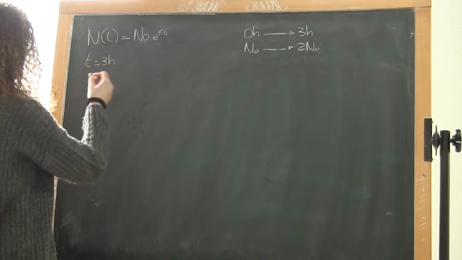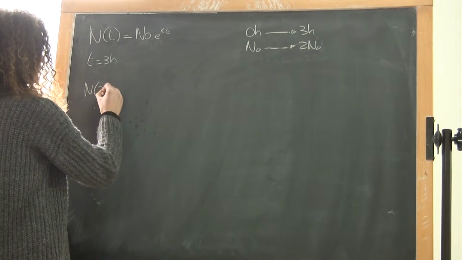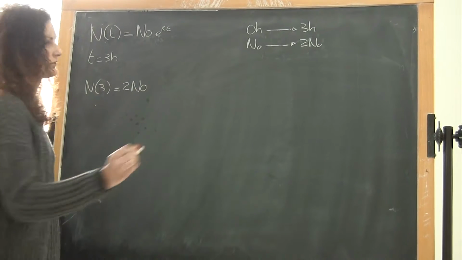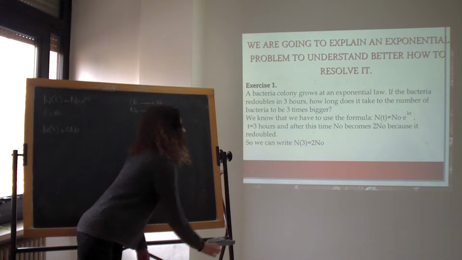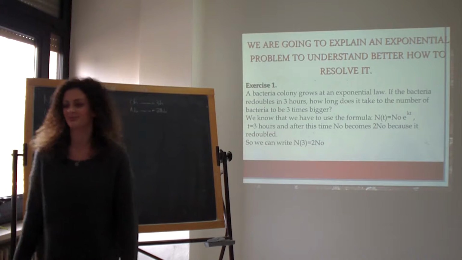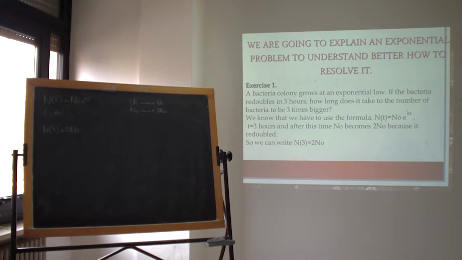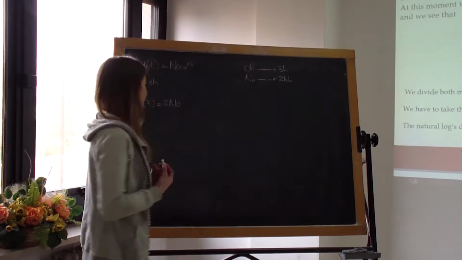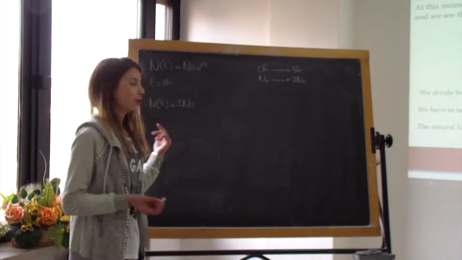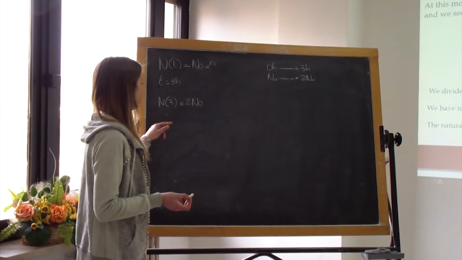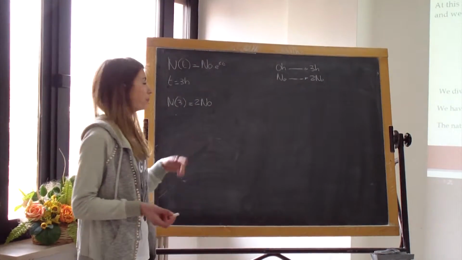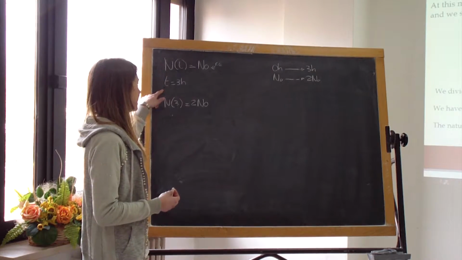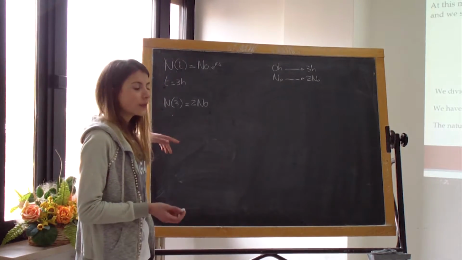So we can write N of 3 is equal to 2 times N naught. We have a data point: t is equal to 3 hours.